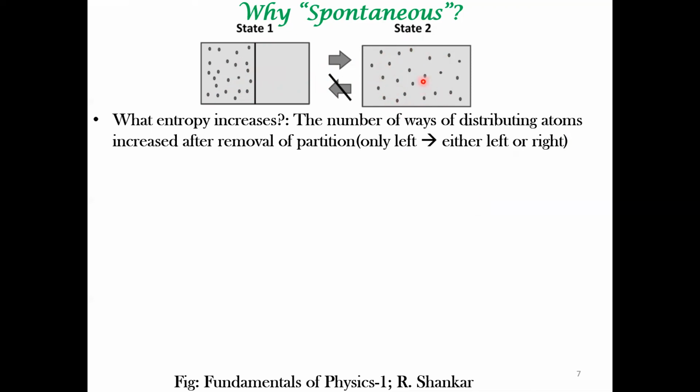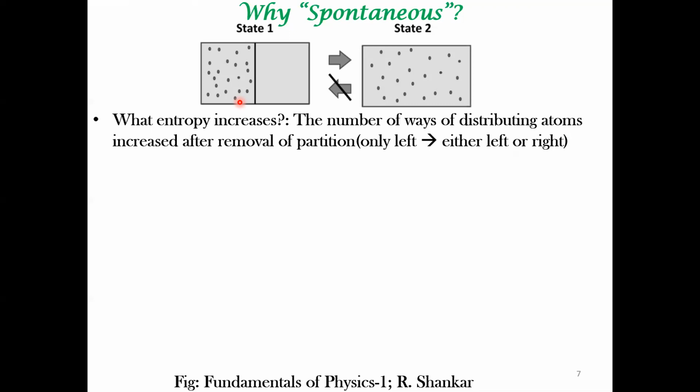Whereas when I'm in state 1, all the atoms had to go into this state alone. So the number of possibilities for each atom increases by 2. So for n atoms, it goes as 2 to the n. So the number of ways of distributing microscopic matter increases when my entropy increases.